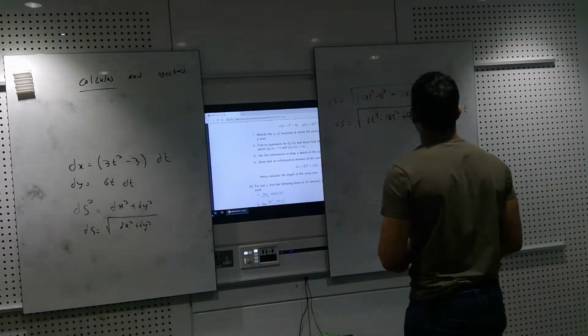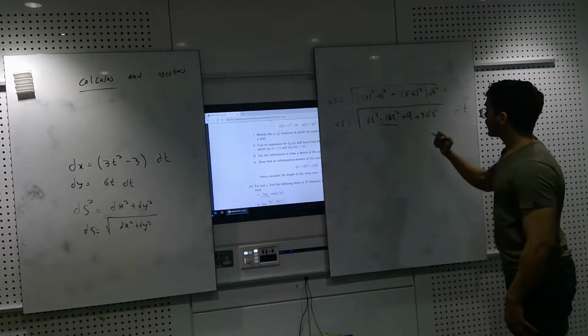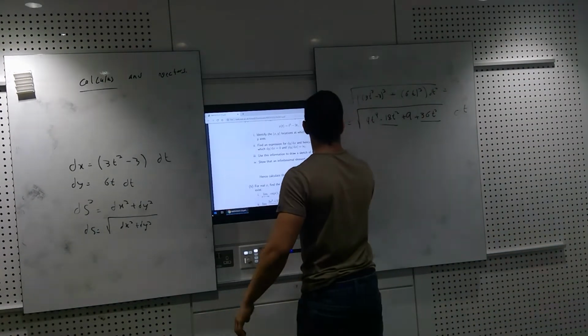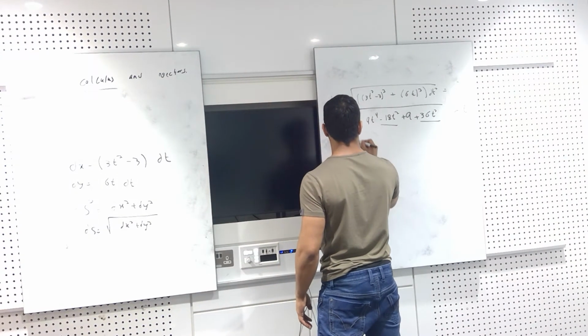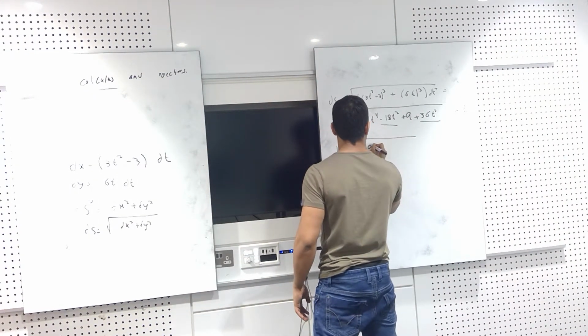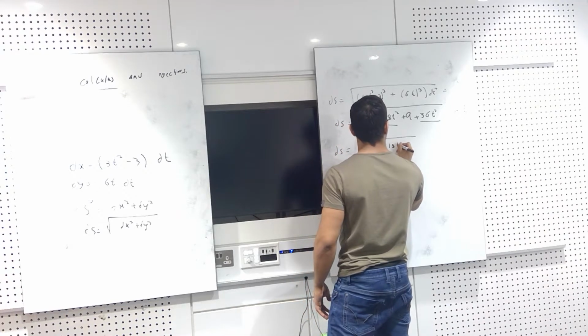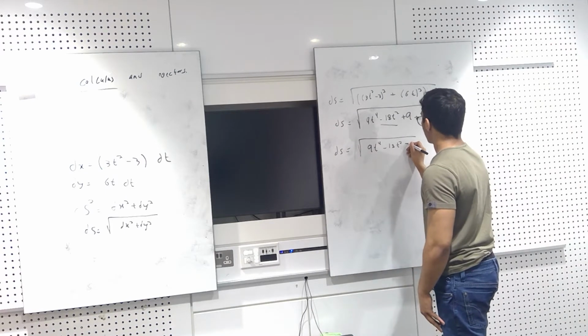And from here we can see that there's negative 18 and there's 36. No, we forgot the integration sign for now. So 9t squared minus 18t squared. The t to the fourth minus 18t squared plus 9.